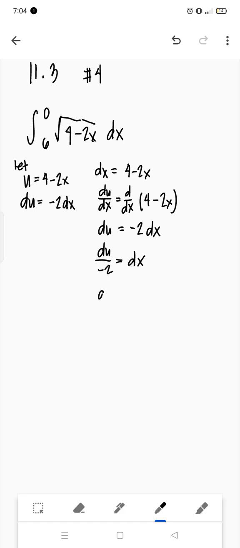And therefore dx is equal to negative 1/2 du.